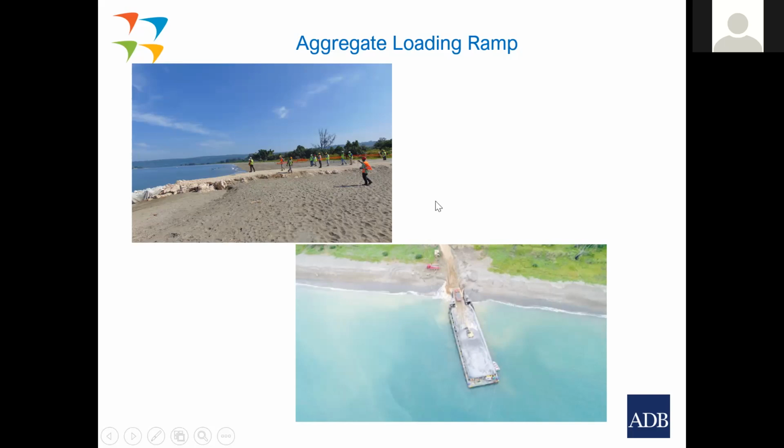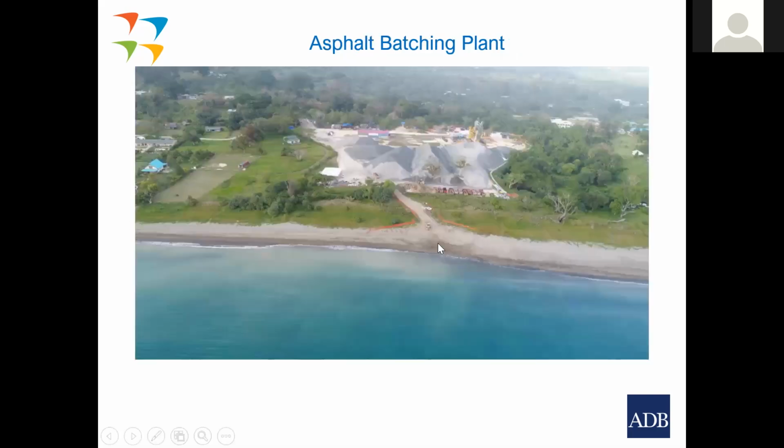offloading ramp. And here we see, this is after all of the aggregate has been put on site. It's all stored there, and the offloading ramp has been dismantled, and it's pretty much almost back to where it was. But you can see this is during the operation of the asphalt plant.